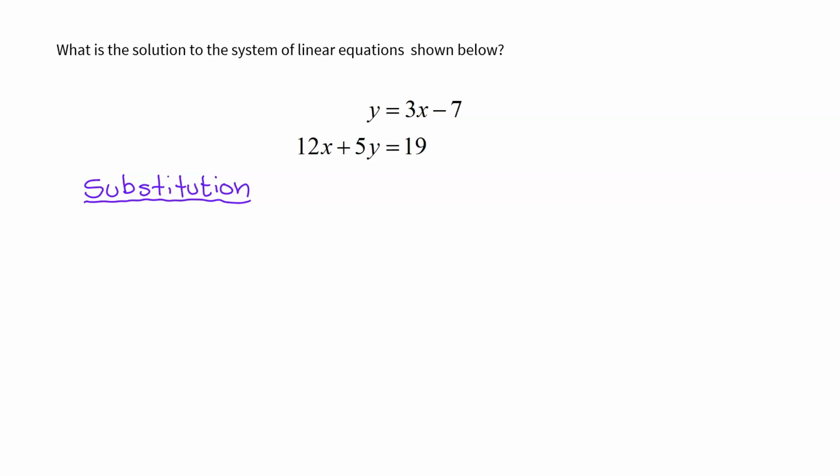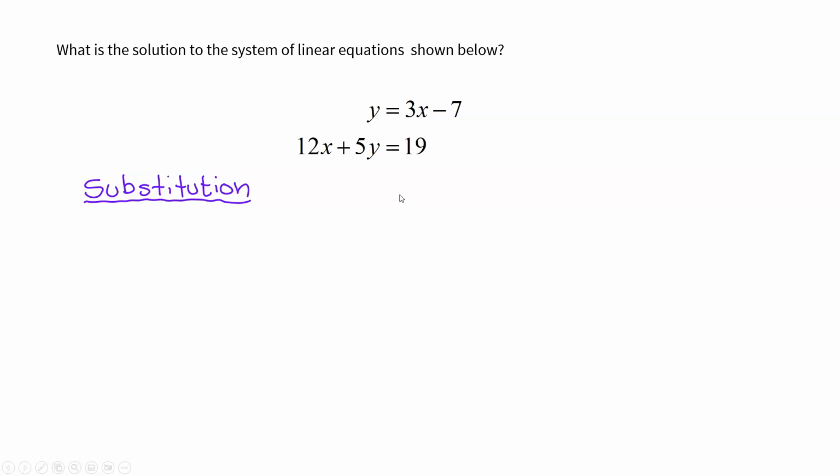The goal when you're solving a system of equations is that you get to a point where you have two equations, each of which has two variables involved. You'd like to find a way of getting an equation with just one variable involved so you can solve it algebraically.